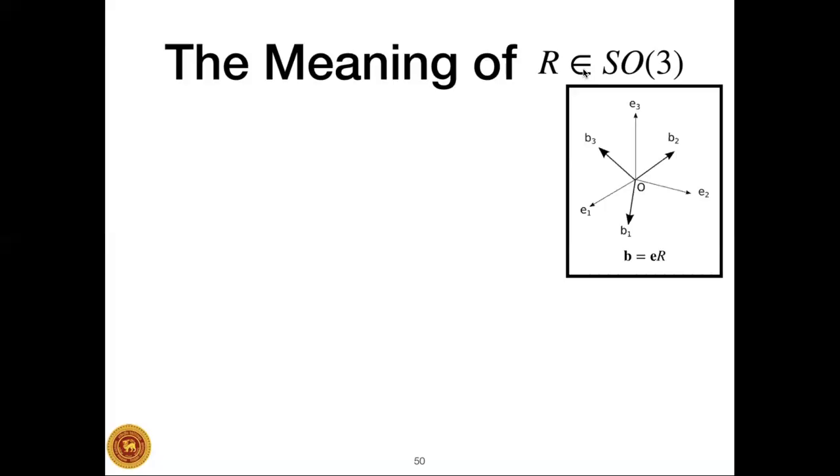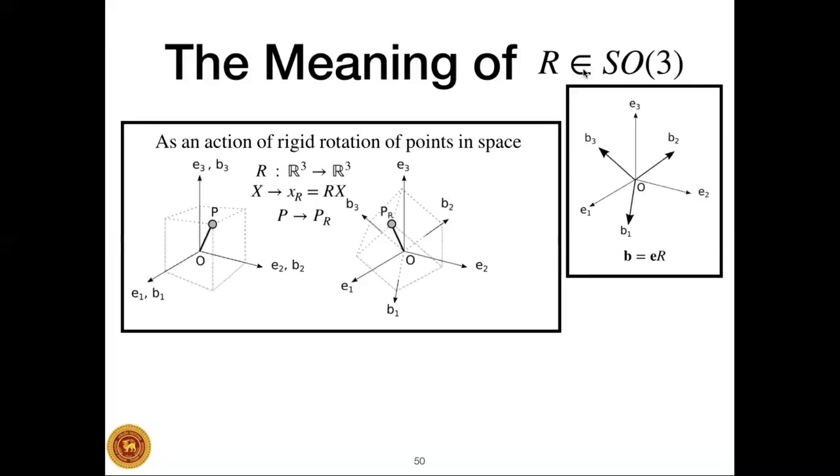So let me summarize those three interpretations over here. R is a special orthogonal matrix. A special orthogonal matrix gives you a unique relationship between two orthonormal frames. We saw that. Then we saw that a special orthogonal matrix also acts as a map that takes points to other points through rigid rotations that preserve lengths and angles.